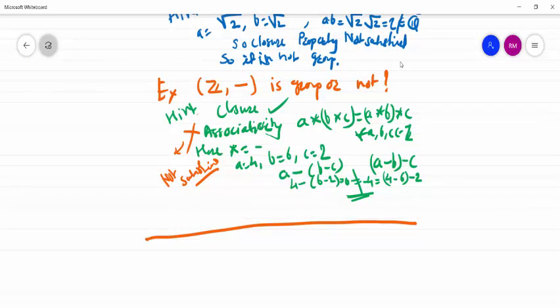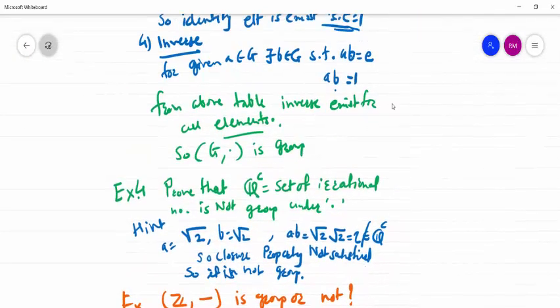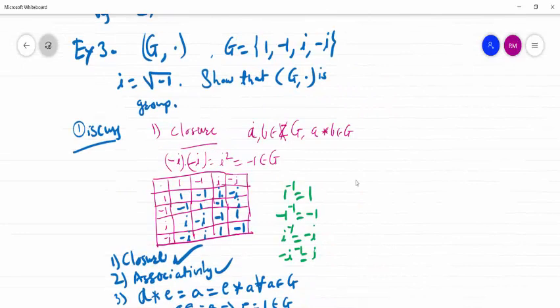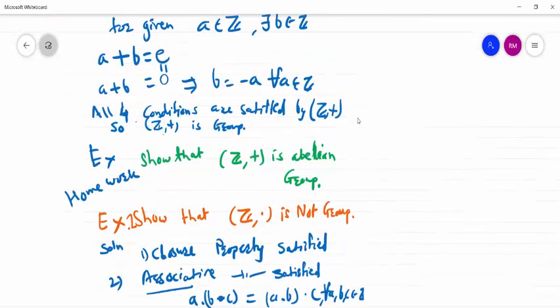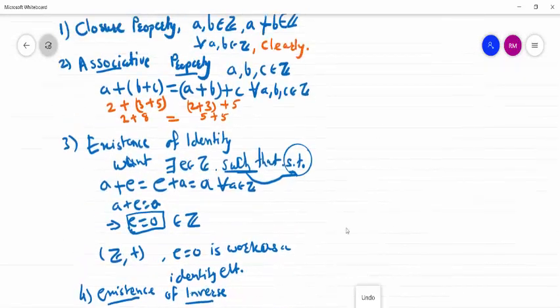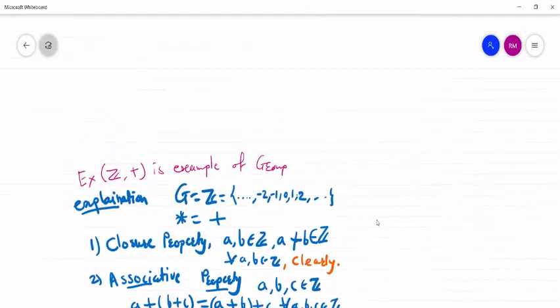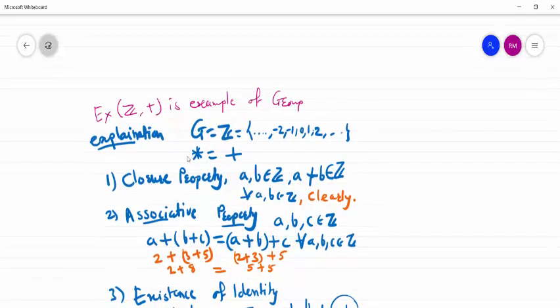So in the previous lecture, we took a little bit of revision. Group is a structure, that is, G is a non-empty set. Group is normally denoted by an ordered pair.